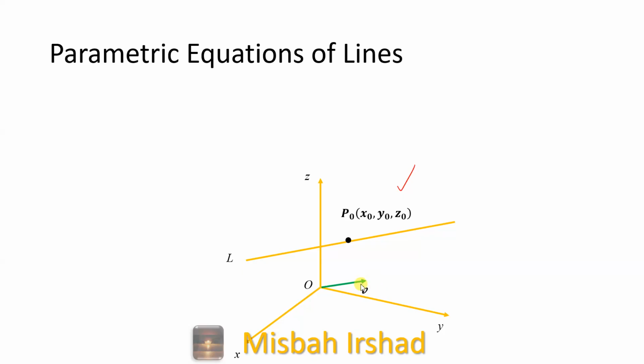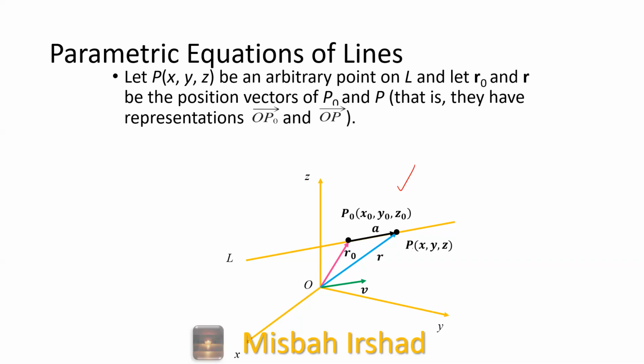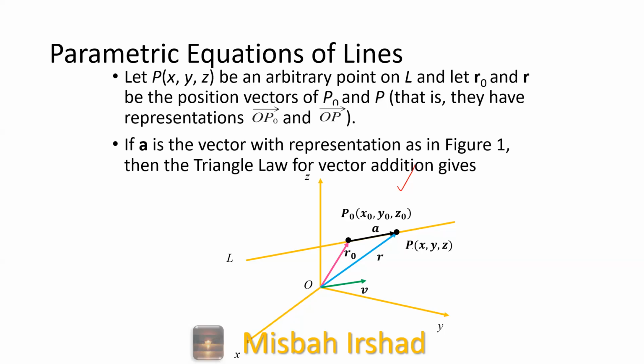Then let's assume that P is any arbitrary point on the line, and r naught is the position vector of P naught, r is the position vector of P, and then join P naught P to make vector A. Then by triangle law of addition of vectors, we can write r is equal to r naught plus A.